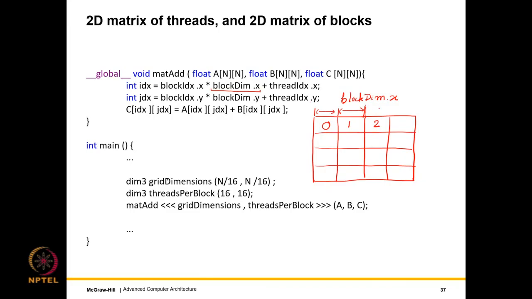And then we add the threadIdx.x, which is this quantity over here. So this quantity here is the thread index.